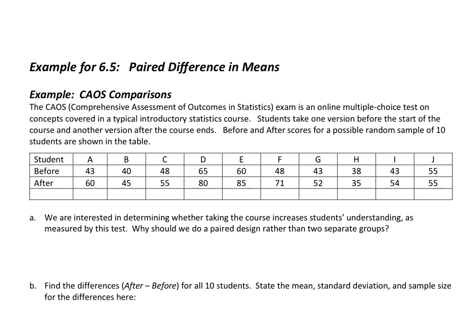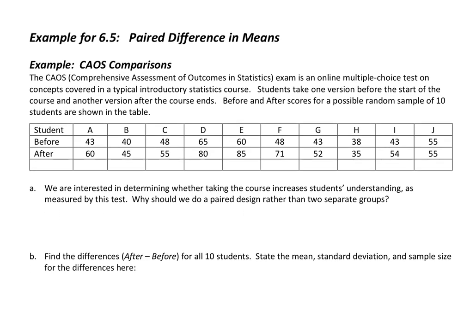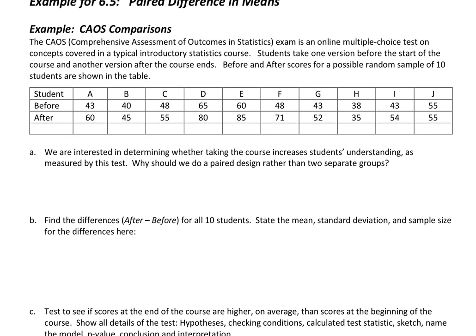So remember, this being a matched pair design, what we really are interested in is the difference in their scores. So this is where we want the difference. So 43 to 60 is a gain of 17, because remember we're looking at after minus before.